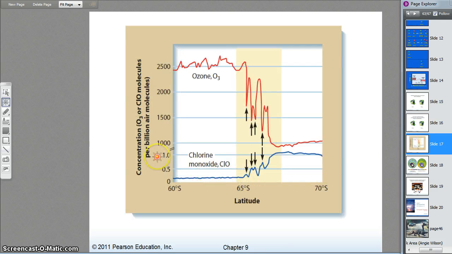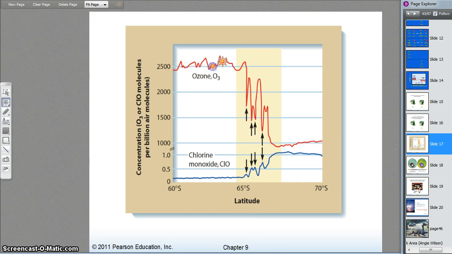So this shows us the concentration of ozone or chlorine monoxide molecules per billion air molecules. Latitude is, when you look at a globe, the horizontal lines. So how close you are or how far you are from the North or South Pole would be the latitude.